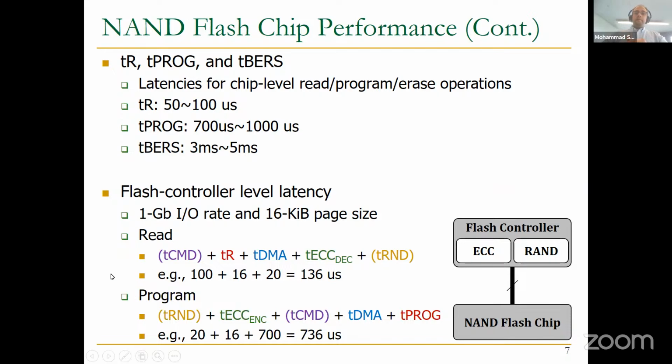For program, we first need to randomize our data, then do ECC encoding, and then send a write command to the NAND flash chip. Together with the write command, we also need to send our data, so we need to do that transfer, tDMA, and then do the programming.